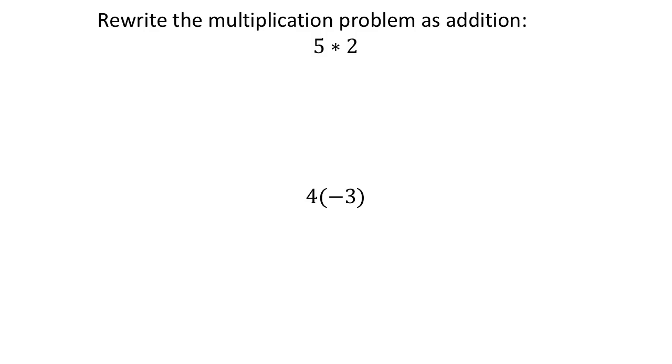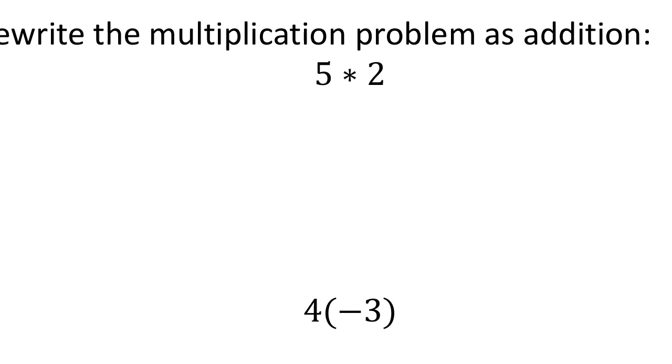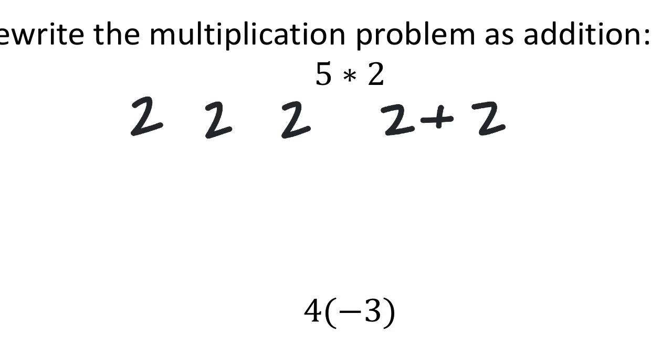So let's start by, again, if we can get this down to what it actually is, then hopefully this will make sense. So this first problem, right? 5 times 2 is the same as 5 groups of 2. So we're going to have 2's, specifically 5 of them, which are being added together, because multiplication is just simplified addition.